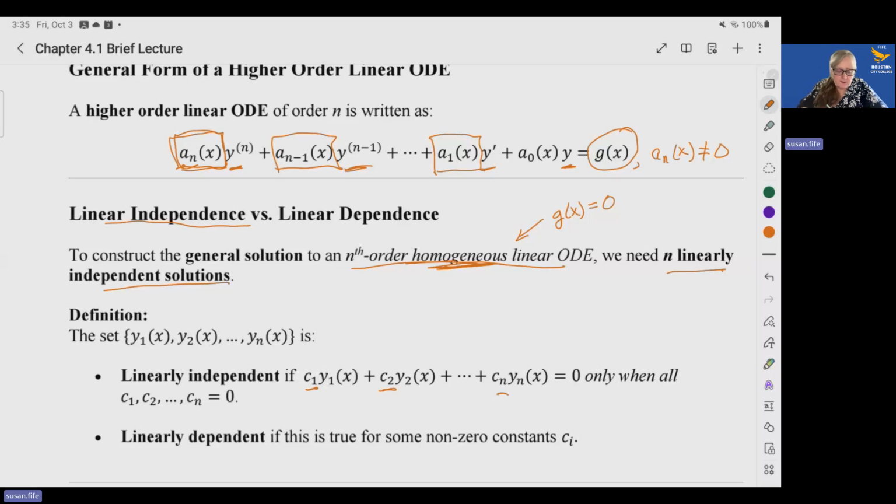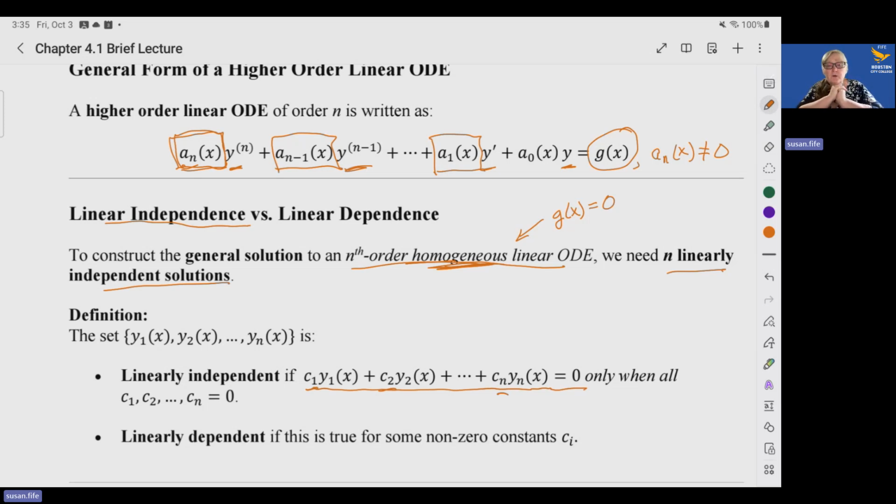What this is saying is that if y sub 1, y sub 2, all the way to y sub n are solutions, and if they are linearly independent solutions, then we can construct our general solution to the equation by putting those solutions together, multiplying by a constant, and adding.